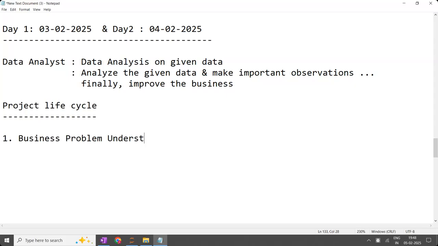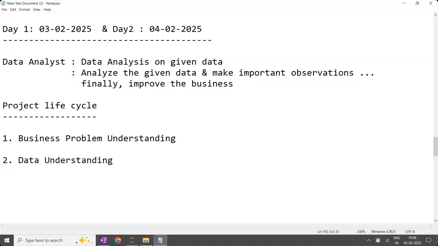Business problem understanding means first he understands the business requirement, what exactly the project requirement is. Based on the project requirements, he takes the data, and for doing the analysis, first he has to do data understanding.